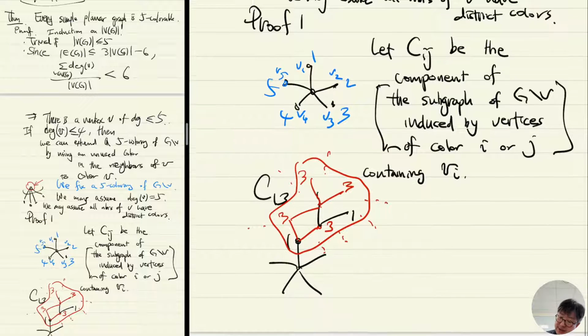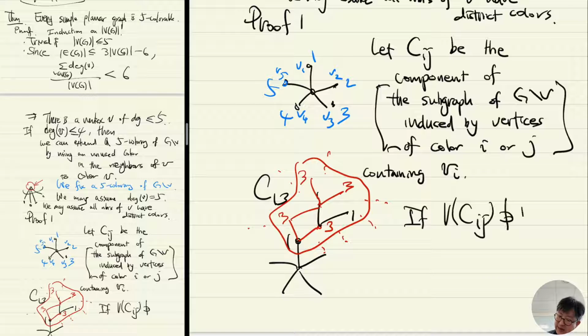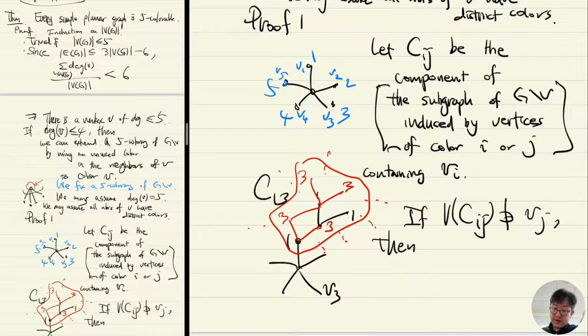And what I do is, if Cij does not contain Vj, then I'm happy. So if C13 does not contain V3, so this is V1, V3, then I can swap this color 1 with 3. 3 becomes 1, 1 becomes 3.